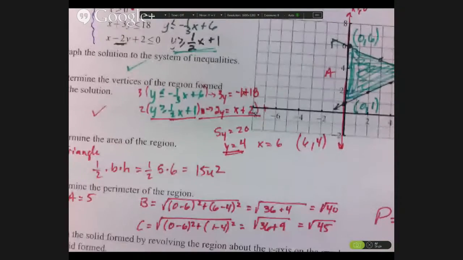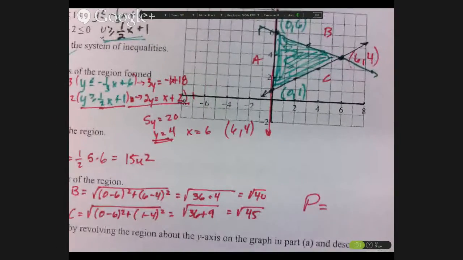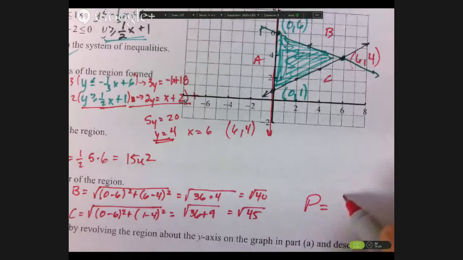A? Oh, A is 5, because we know that. It's a vertical line. Okay, we're all good on the distance formula there. So what's the perimeter? It's 5 plus root 40 plus root 45 units.